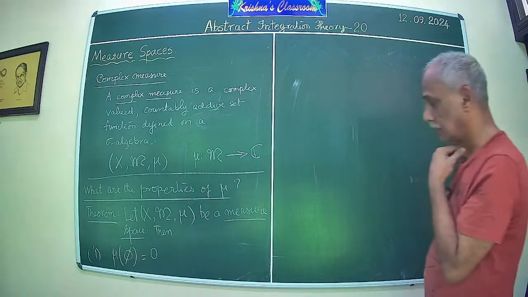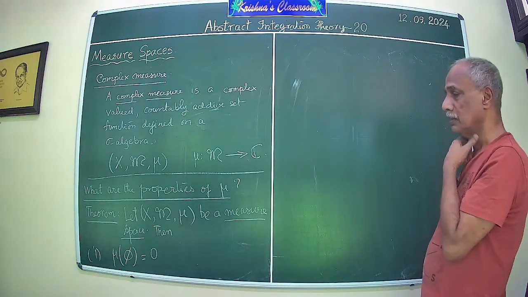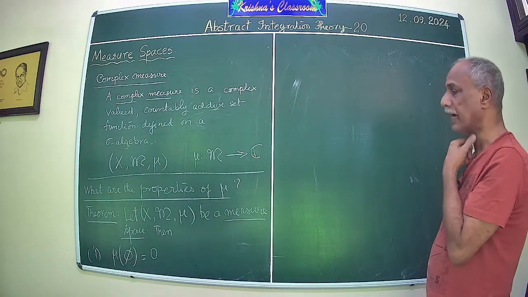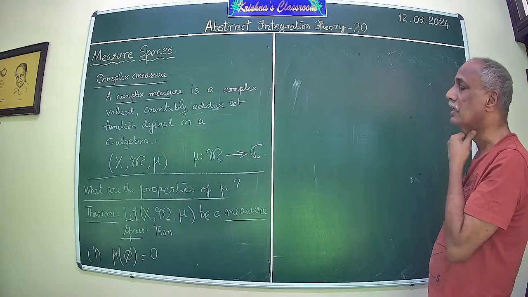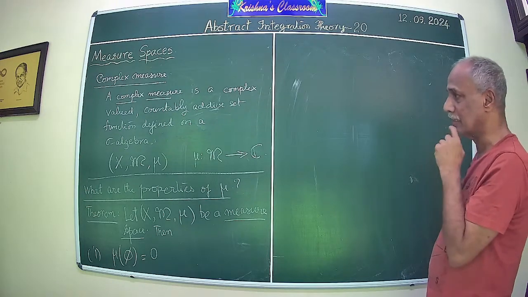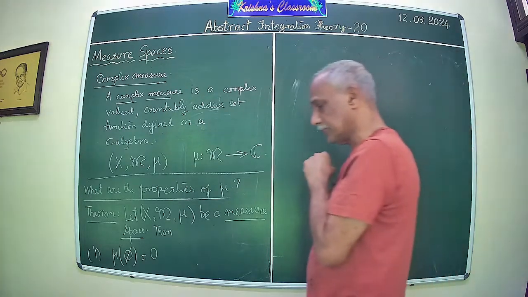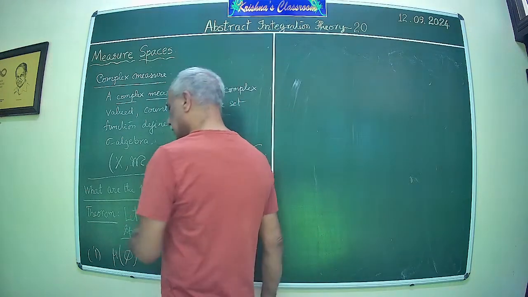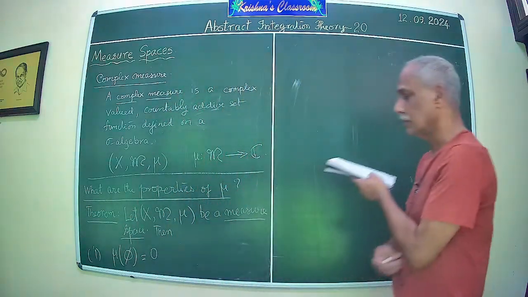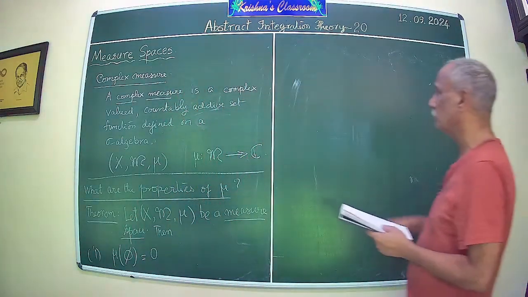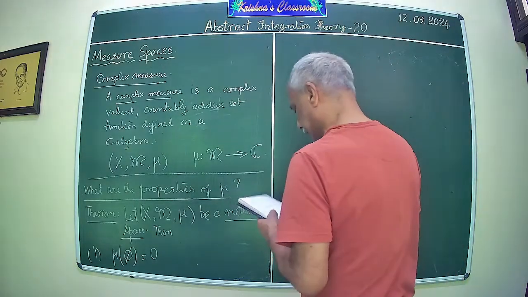So we are asking what exactly should be the measure of the empty set, and it is rather the conditions that we have set on the measure that assure that mu of phi, the empty set, is equal to 0. We are on the right track.